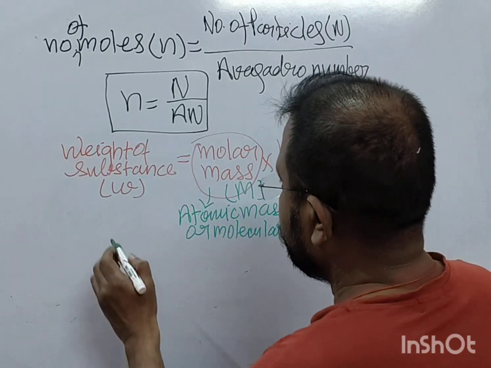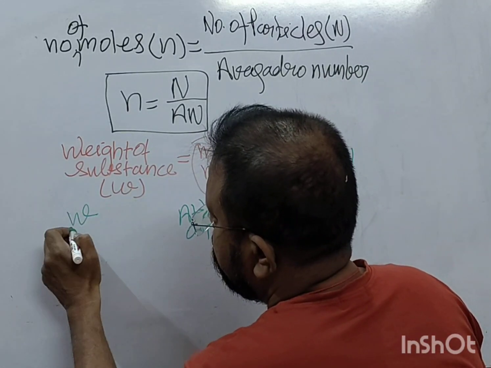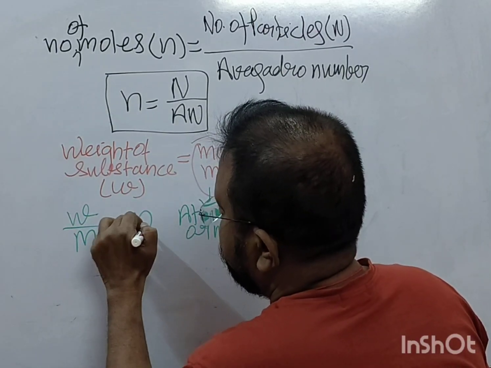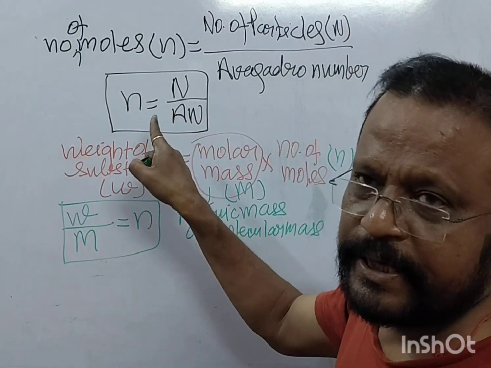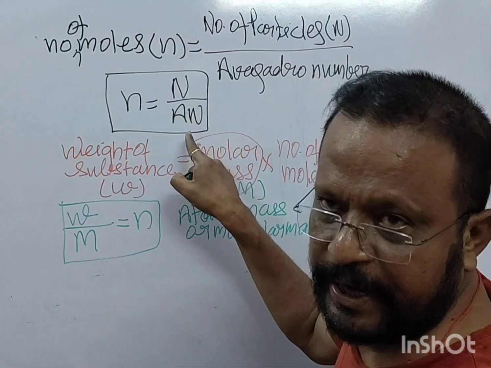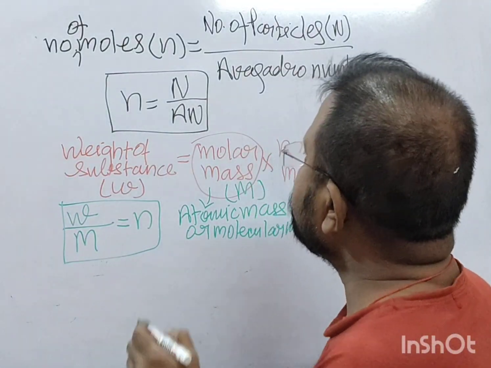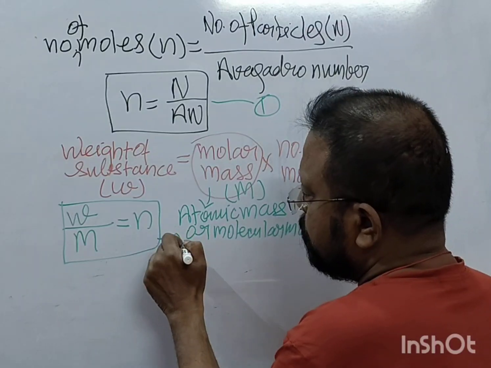So what do you get? W is equal to capital M into n, right? There n is equal to capital N upon Avogadro number, and here n is equal to W upon M. This is equation 1. This is equation 2.